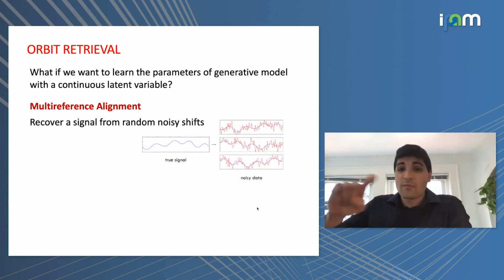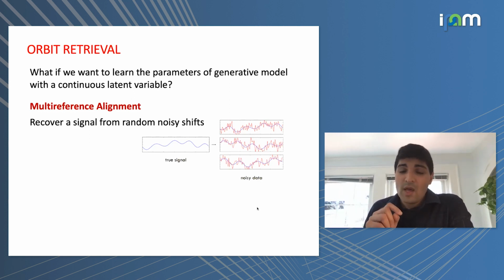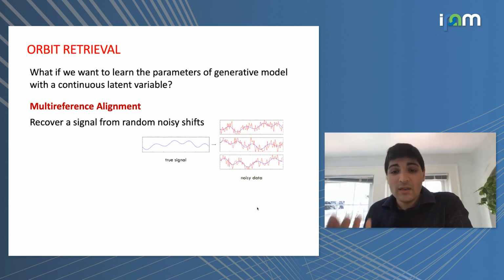So imagine there's some sort of periodic signal, and you don't get exactly that signal, you get it with some noise. But then you have the problem that it has a random cyclic shift. So here, you again have this latent variable model plus noise, but what is your latent variable is the hidden shift. So it's no longer discrete because it's actually something that's happening in a range of parameters.